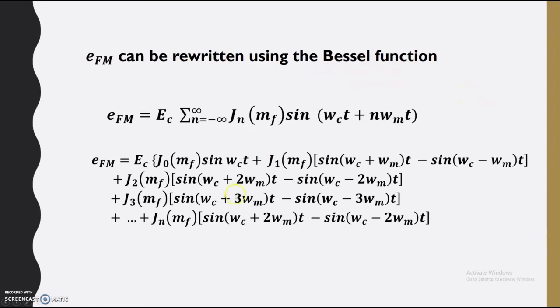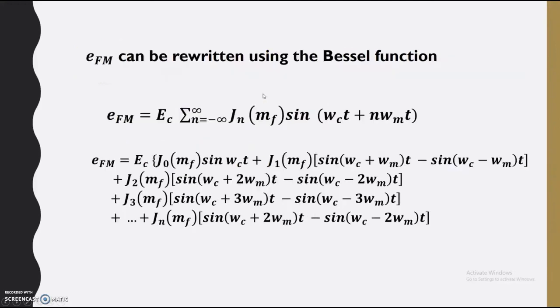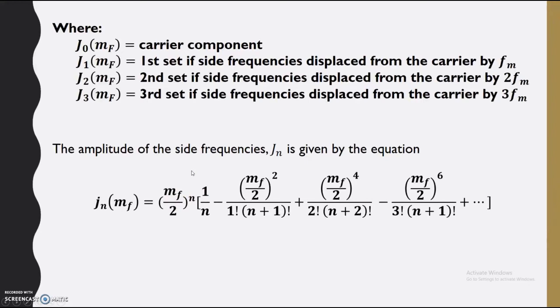So, we can see here that J sub 0 is this sine, while J sub 1 is this sine. It adds up every set of the frequency until the limit of the amplitude of the side frequencies.